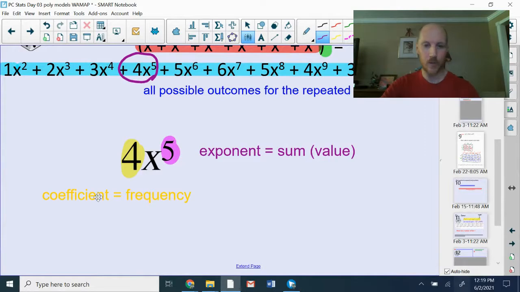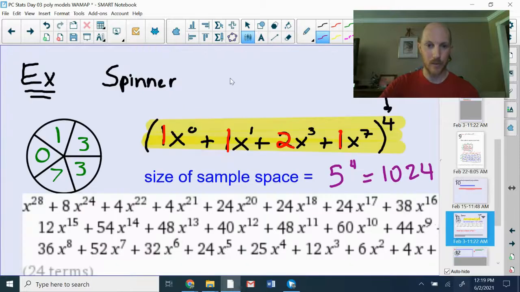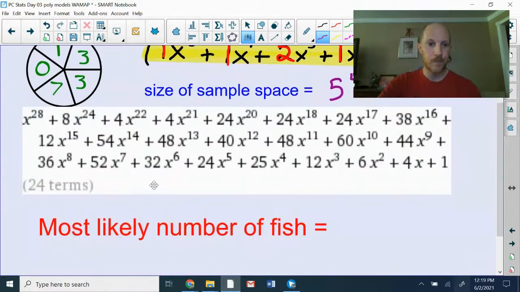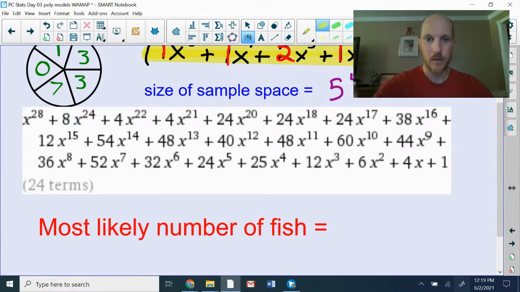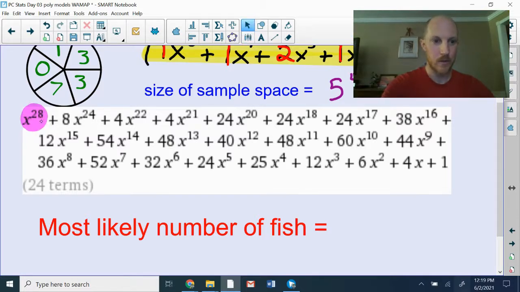Frequency is described by the coefficient. So we are looking for the largest coefficient in that polynomial model. Largest coefficient in the polynomial model, and that is definitely not this one, which has a coefficient of 1.